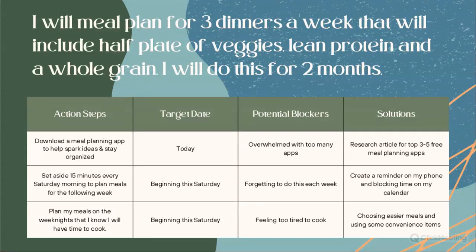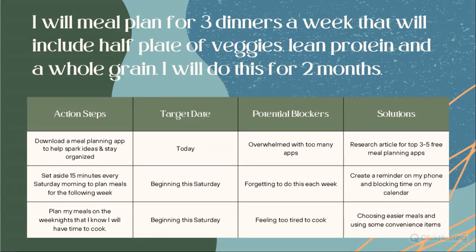So here's a goal in terms of meal planning, or maybe adding more vegetables. The goal is I will meal plan for 3 dinners a week that will include half a plate of vegetables, a lean protein, and a whole grain, and I'll do this for 2 months.